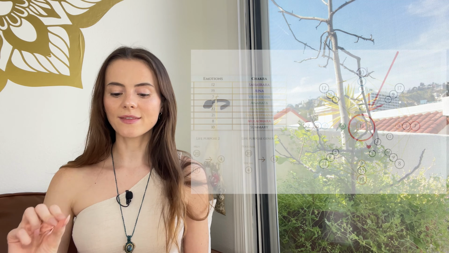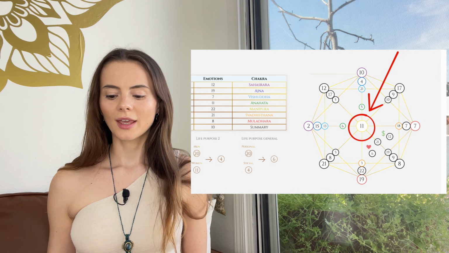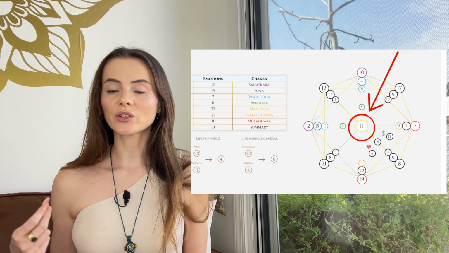And the main position where you start your reading, either for yourself or someone else, the first thing you want to look at is the center, the main number in the center, which in this case is 11. And this is the number energy of your personality.